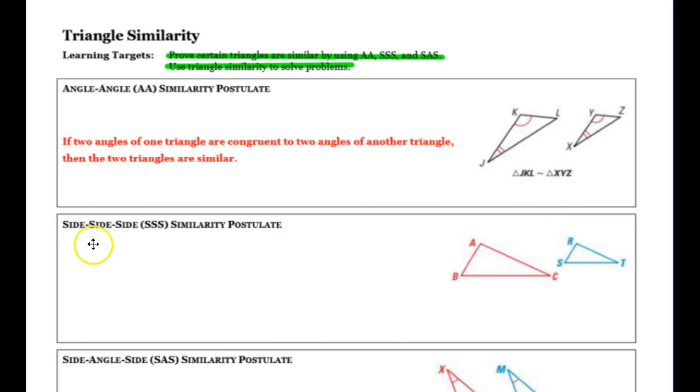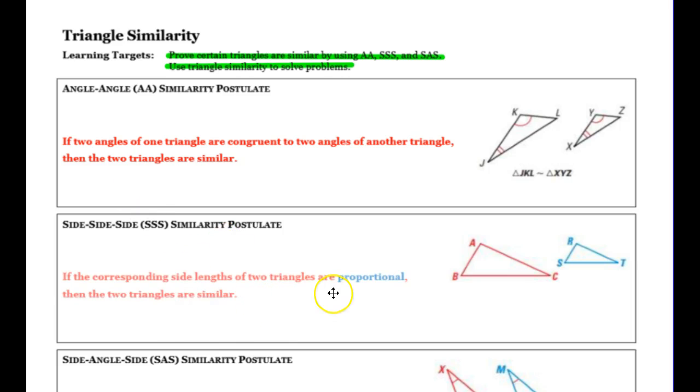Alright, we did side-side-side for congruence, and this is side-side-side for similarity. So when you have two triangles and you want to prove them similar by side-side-side, your corresponding side lengths must be proportional.